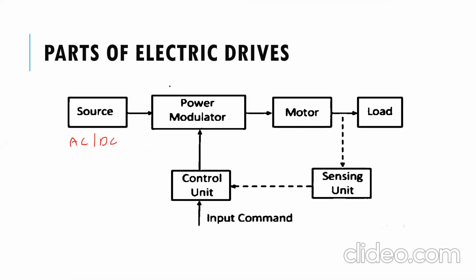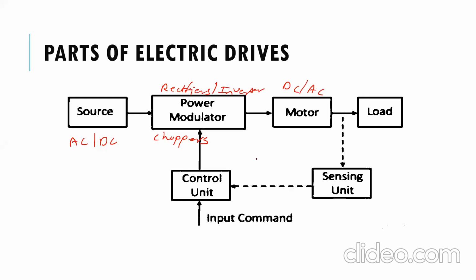The power modulators may be rectifiers or inverters or choppers. The motor may be a DC motor or AC motor. And this motor is coupled with a load, and this motor is driving a particular load.